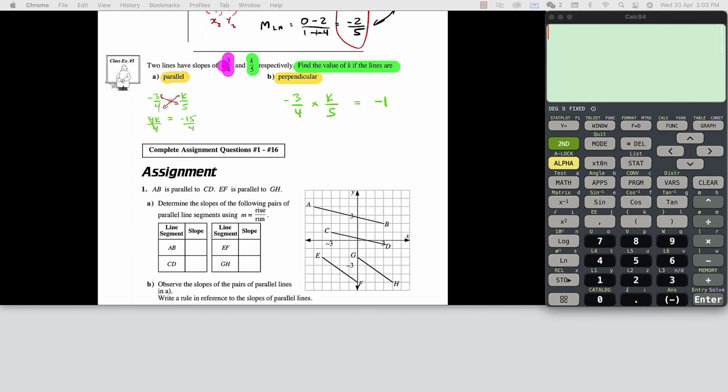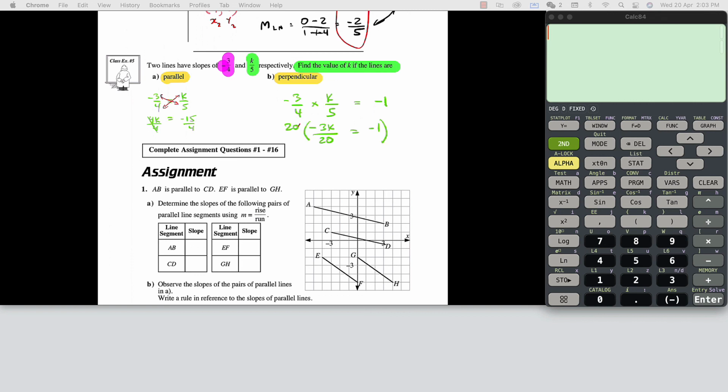So basically when we multiply the left side here, you're going to get negative 3k over 20, and that's going to be equal to negative 1. Now because I have a fraction right here, this denominator of 20, I need to get rid of that in order to solve for k. So I'm going to multiply everything in here by 20.